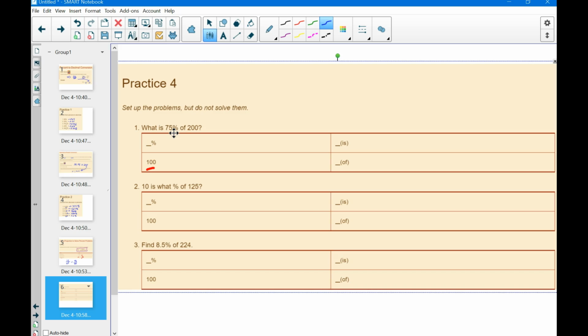Any ideas? Well, it's 75%. Percentage is right here. So 75 has to go up here. And this of 200, the of is over here in the bottom. So the 200 goes here. This is our x. And then we cross multiply.